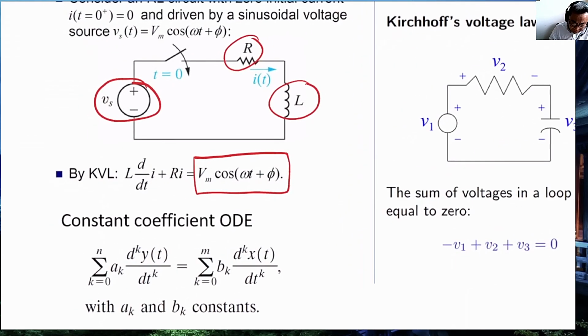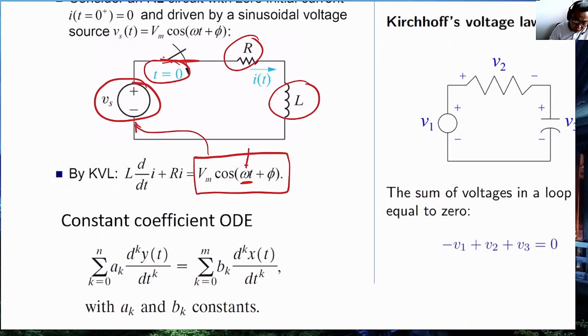That means the source will change with time. It is a cosine wave, so it's an alternating current going at this frequency omega. So at time t, we'll close the circuit and form a closed loop.